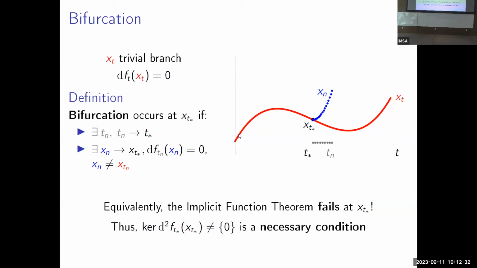So in particular, the second derivative of this function must be singular. The first derivative is 0 because it's a critical point, but at that bifurcation point, the second derivative must be singular. However, this is not a sufficient condition for bifurcation; it is only necessary. And bifurcation theory is the theory that gives you sufficient conditions for bifurcation.